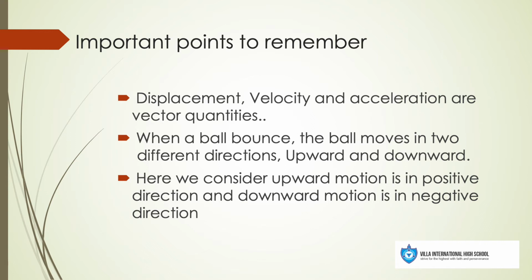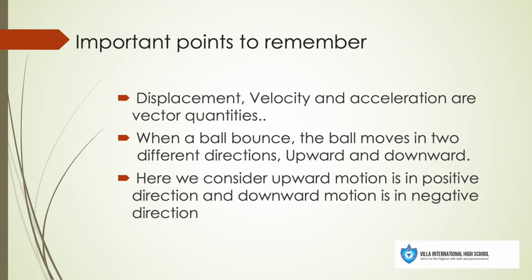In a bouncing ball, the ball moves in two directions, upward and downward, continuously. Here we consider upward motion as the positive direction, and downward motion as the negative direction.